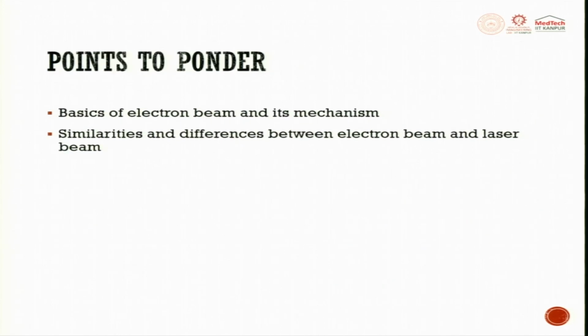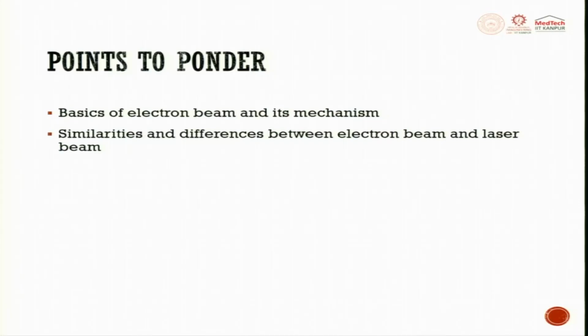So, till now what we have gone through is all about electron beam processes. We have compared various processes like laser powder bed fusion, electron beam powder bed fusion and laser directed energy deposition. We have compared these on various parameters, and then we saw why an electron beam machine is expensive. It is expensive because of its subsystems.